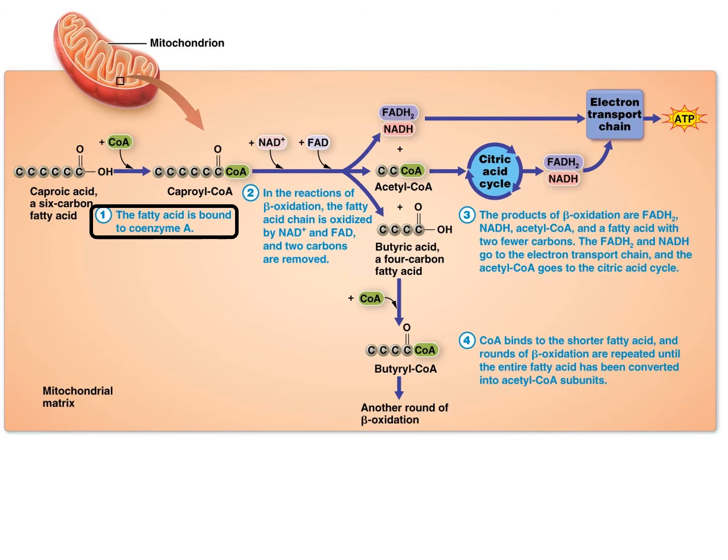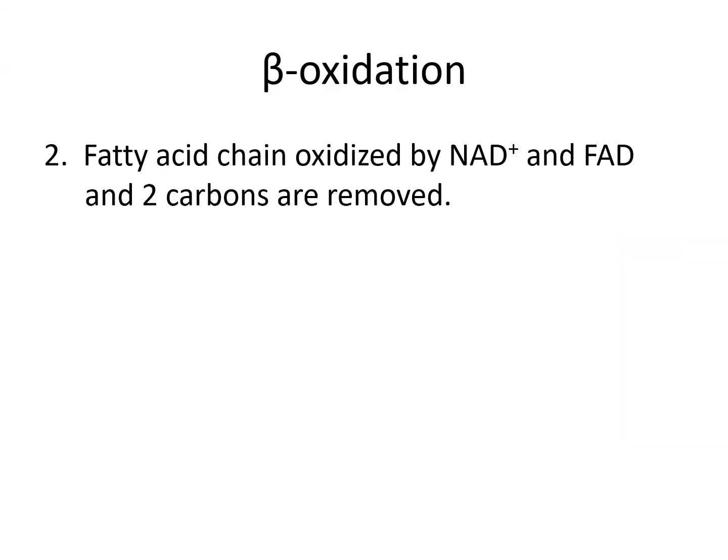So here we have a fatty acid, and it interacts with coenzyme A. This is the first reaction, so we end up with the fatty acid combined with coenzyme A. The next step is the fatty acid chain is oxidized by NAD and FAD, and 2 carbons are removed.